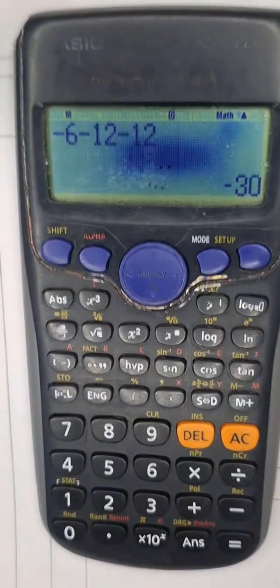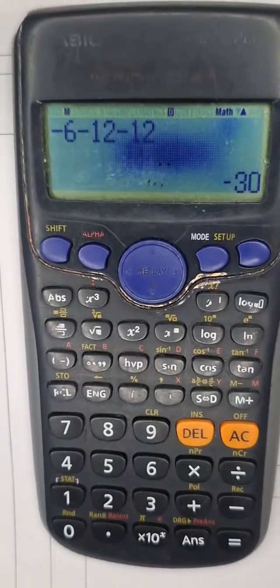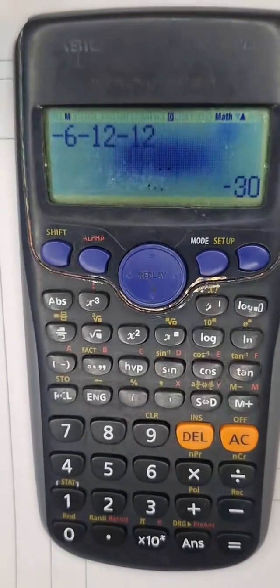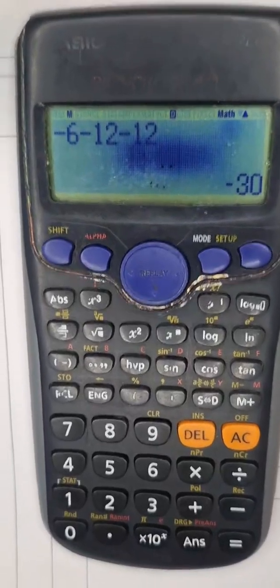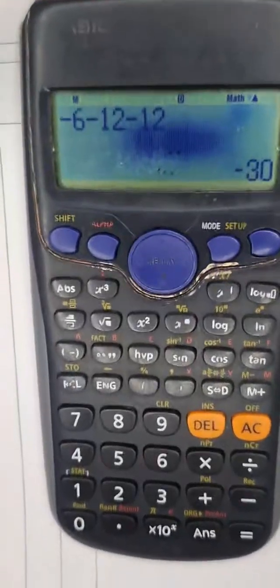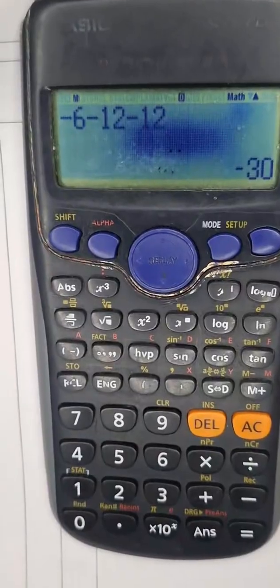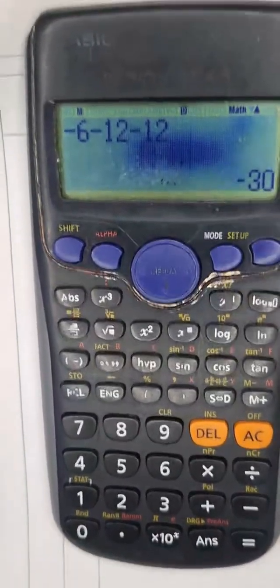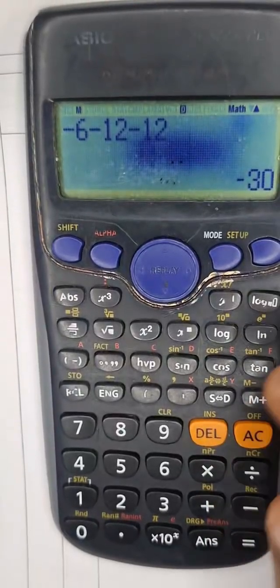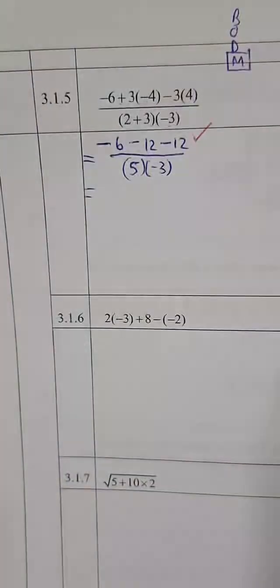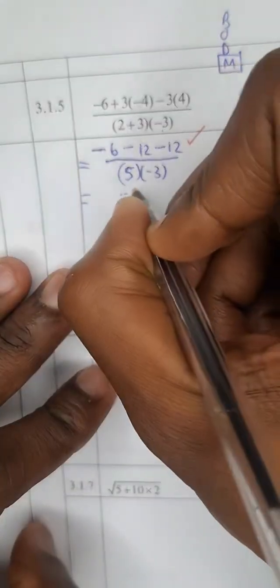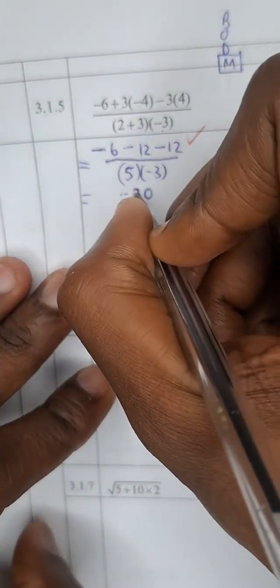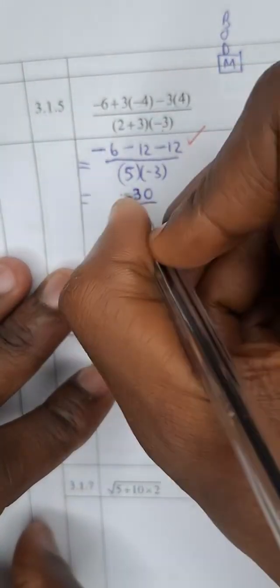Umbrata said positive 15. Did a better job than Anime Boy. Anime Boy said 30. You see, it did a better job than Imran. Imran said 0. Guys, Mr. Calculator, what a miracle worker. When all else fails, guys, please use him.